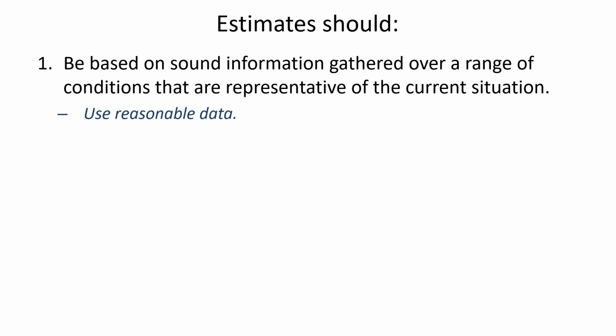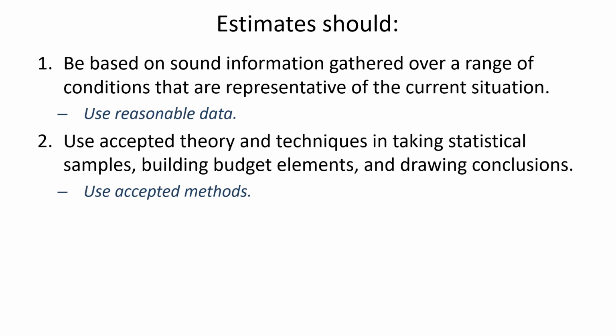It could be that the isolated location of Alaska also drives up transportation costs and labor costs. And so you have to put some thought into whether the past data you're basing it on truly is representative of the current situation.